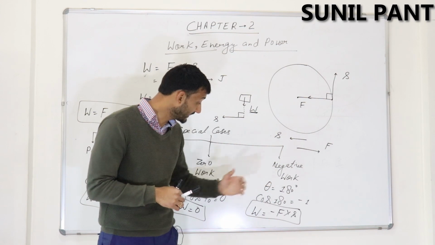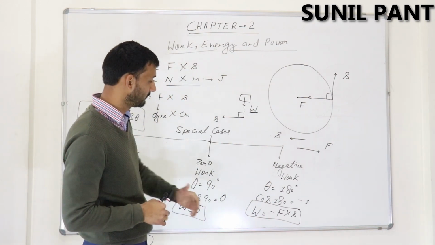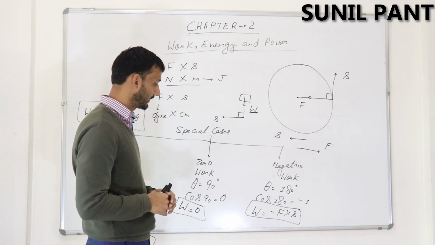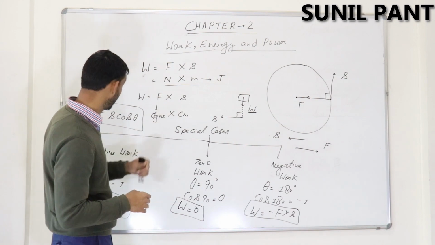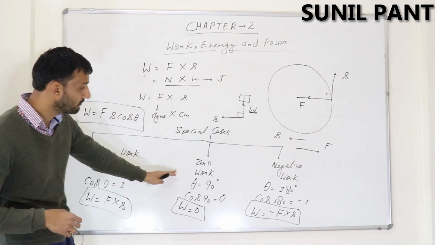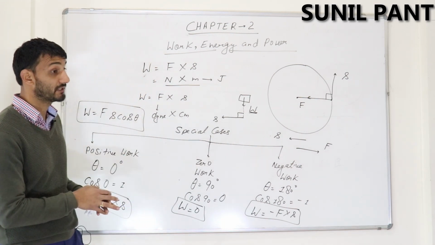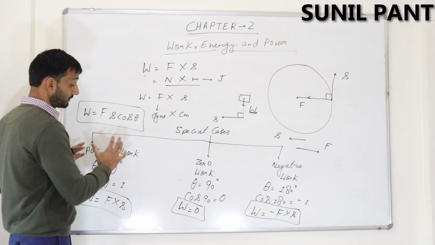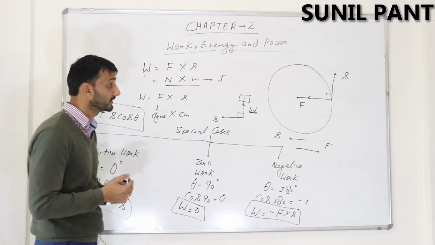In that case theta is 180 degrees and cos 180 is -1, so work will be minus F into S. So these are the special cases for work where we discussed the positive work, zero work and negative work. It is very important for us to understand the examples of these, and we should also know the angle which is there between force and displacement.